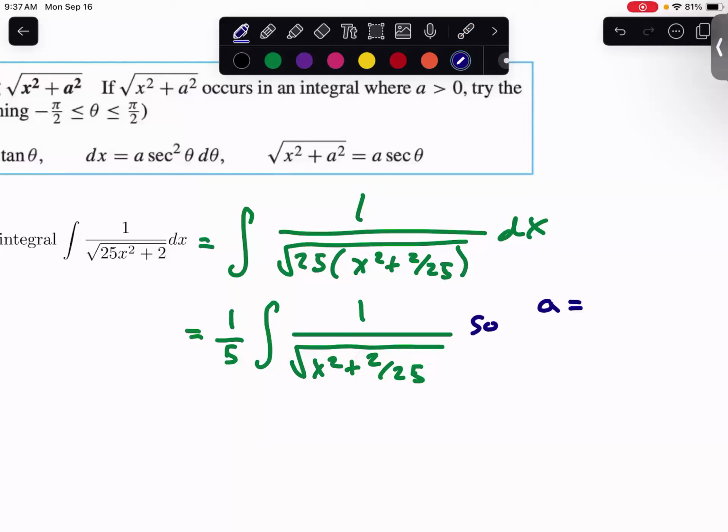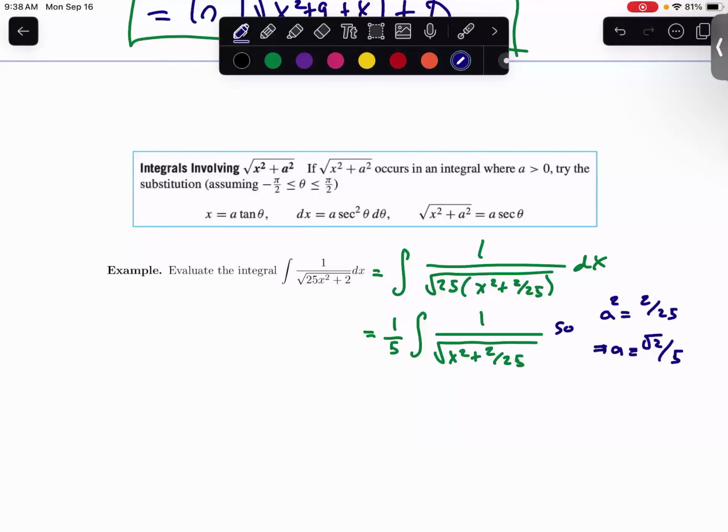So we have a squared equal to 2 over 25, which then implies that a is equal to the square root of 2 over 5. This example is a little bit more difficult to determine where your a is. But once you know what your a is equal to, you can then just go through the process we've done a number of times now.